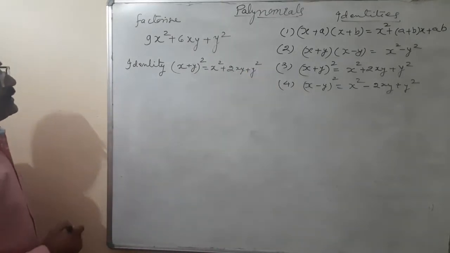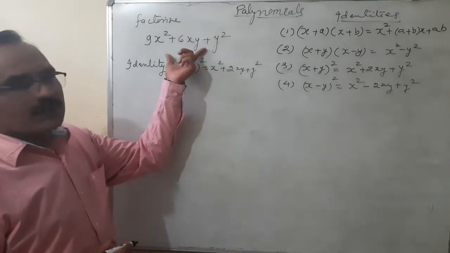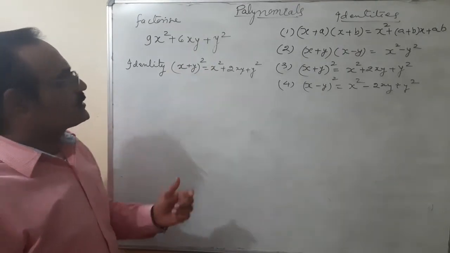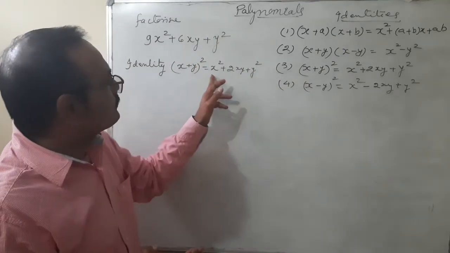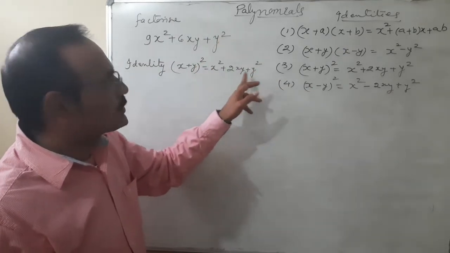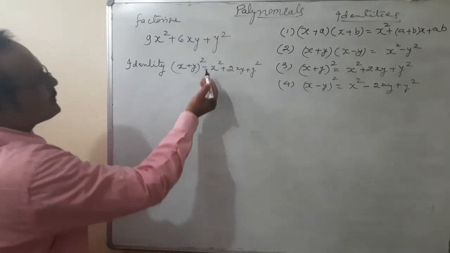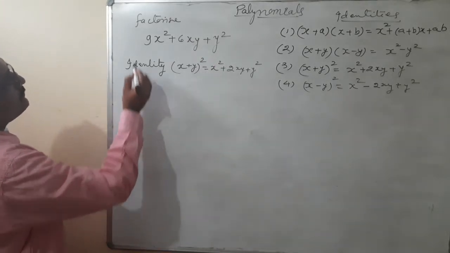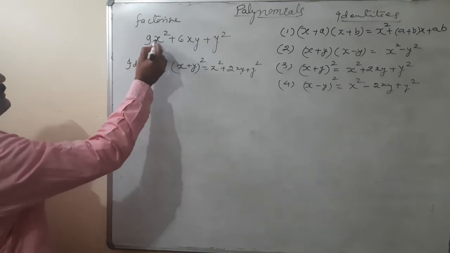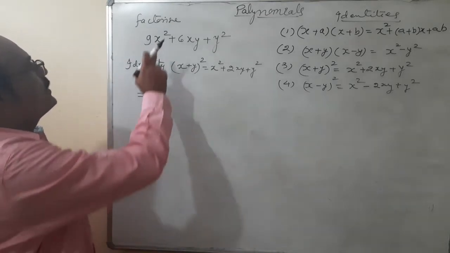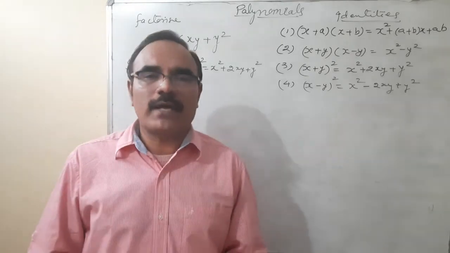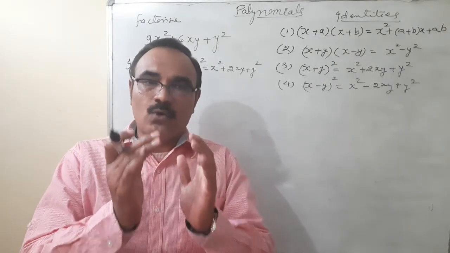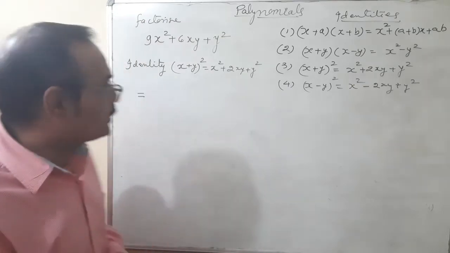Because this term is in the form of the question, first of all I would like to convert it into the standard form x square plus 2xy plus y square. The first term is 9x square, and we have to write this in the form of a whole square.